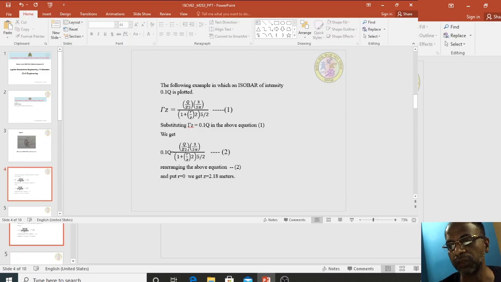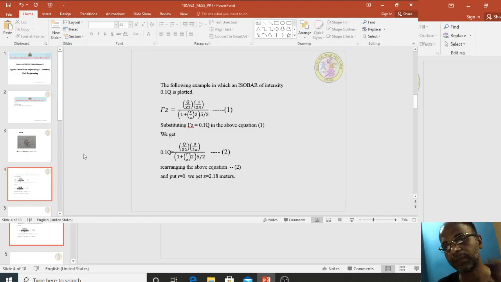So Q and Q cancel, which means z square is equal to 3 by 2 pi divided by 0.1. If you solve 3 by 2 pi divided by 0.1, you will get the value of z square, so z is equal to the root of that value. If you do it, that z value is 2.18 meter.